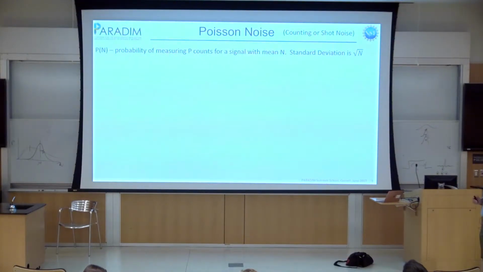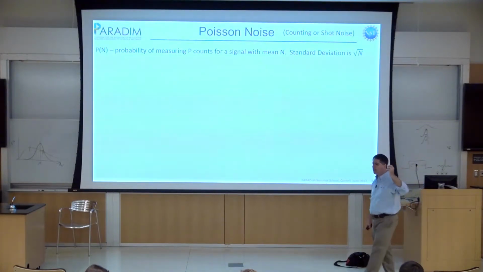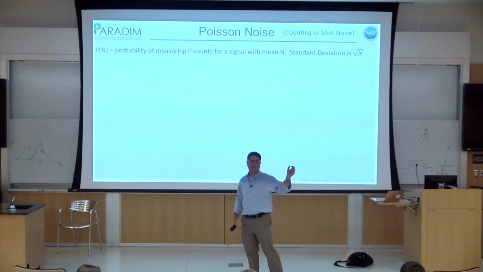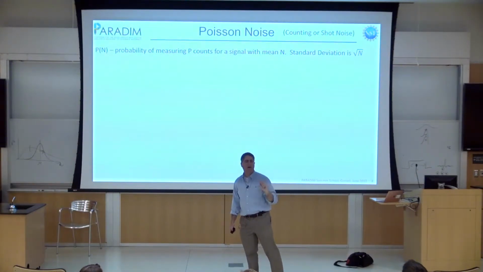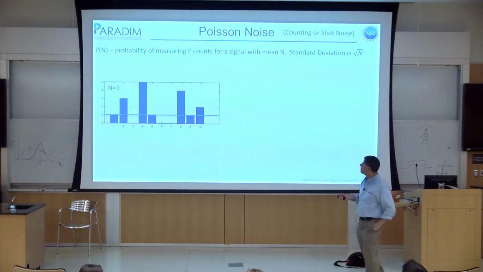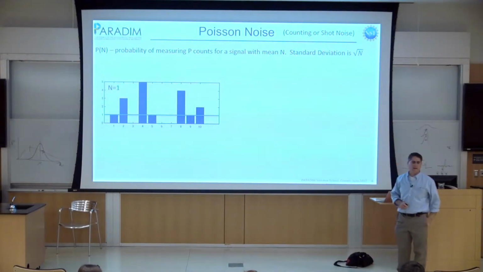So let's take an example. Here's some Poisson noise. My mean is n, my standard deviation is square root of n. Imagine I'm trying to count, and I'm only expecting 1 electron per pixel. I take a line profile for an image where on average there's 1 electron per pixel. This is what that distribution will look like.